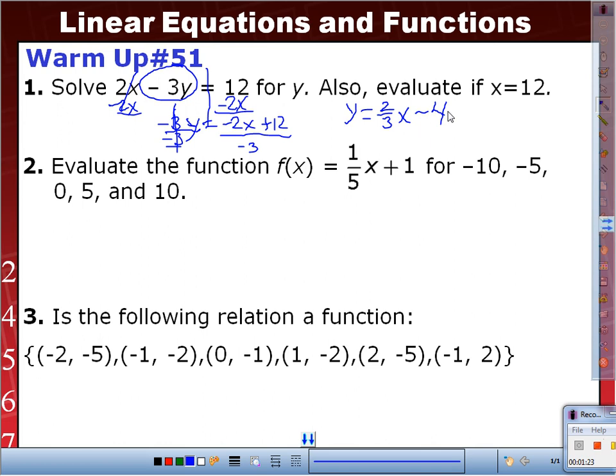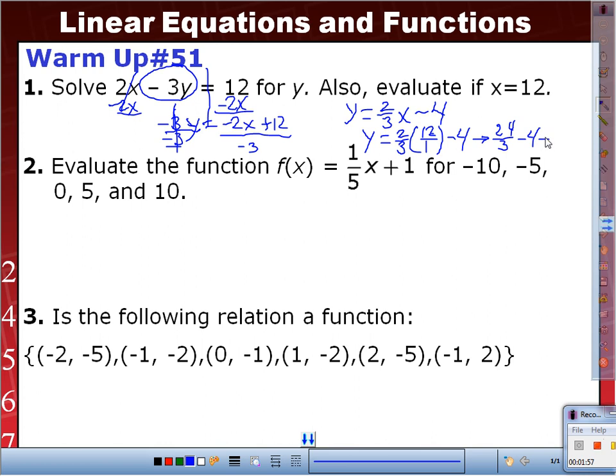From there, it says evaluate if x equals 12. So instead of x, what do I substitute? 12. So I write y equals 2/3 times 12, and I'm going to write it over 1, minus 4. Therefore, what is 2 times 12? 24. 3 times 1 is 3, so that's 24 over 3 minus 4.